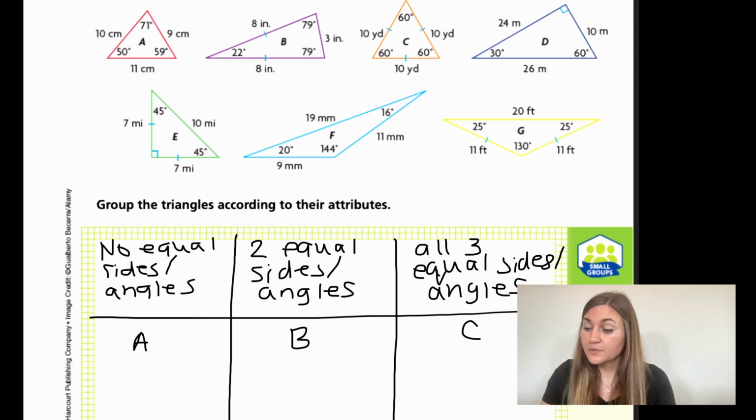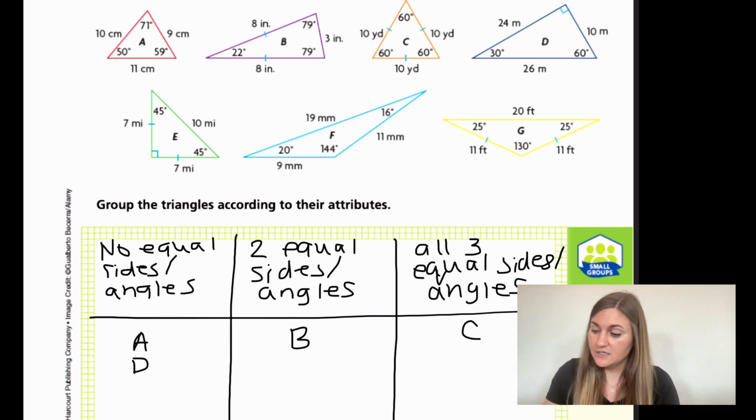All right, so for the blue one marked D, we have 24, 10, 26, and then angles are 30. That little blue square is worth 90. That's a right angle, and then 60. So nothing matches, so we're going to put D in here. For E, we have 7, a 7, and a 10, so 2 of the sides match, and then we have a 45, a 45, so 2 angles match, and again, that blue square, which equals 90, which is a right angle.